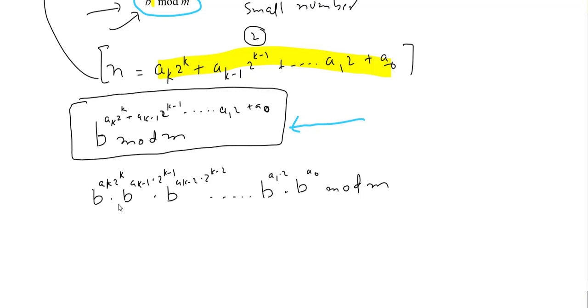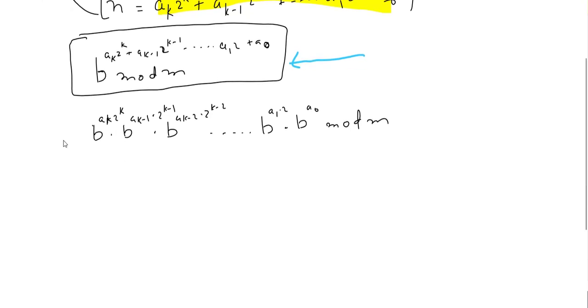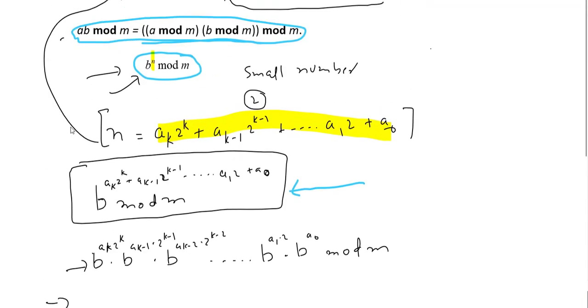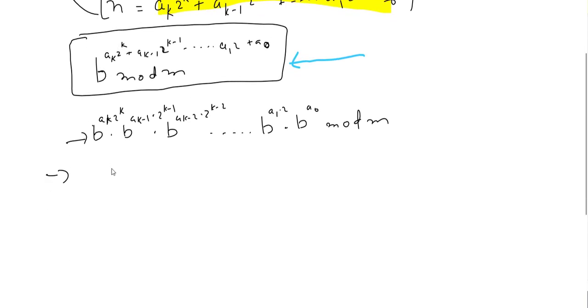Now we'll be using the corollary here in this example. So each term will have its mod m. So this will be equal to, using this corollary, since so far we didn't use the corollary, now we are using it, b raised to the power a_k times 2 to the power k, with a mod of m.